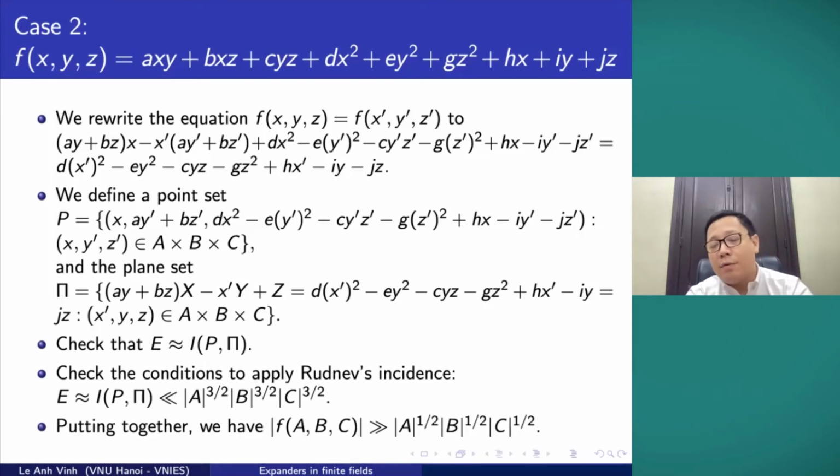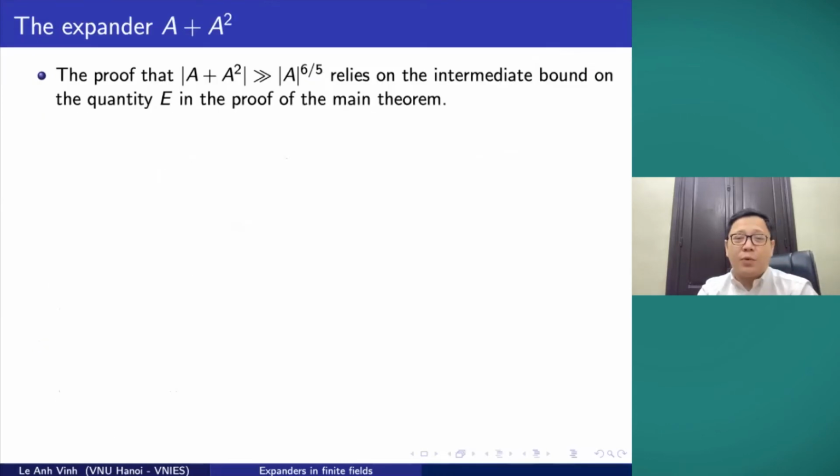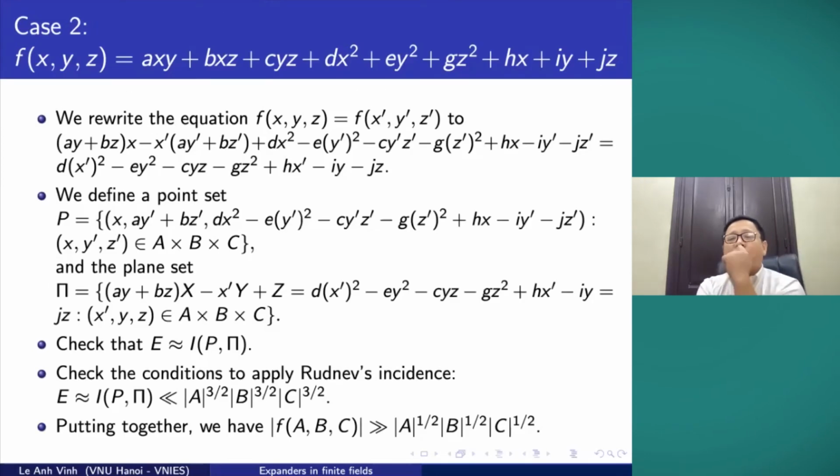We have the lower bound for f(A, B, C). Okay, so basically we are done with the proof for the three-variable quadratic polynomial expander.